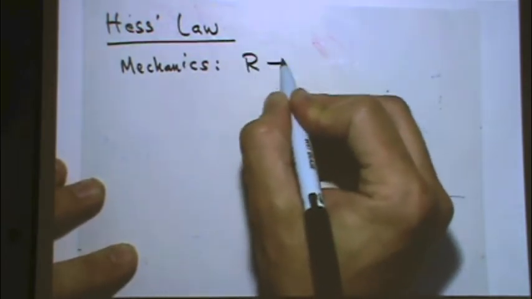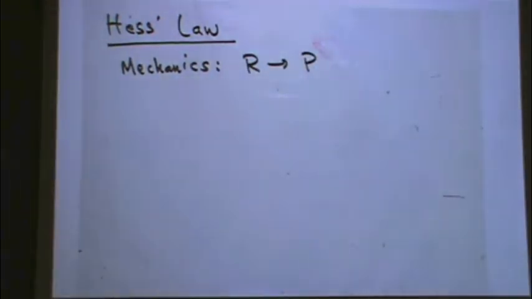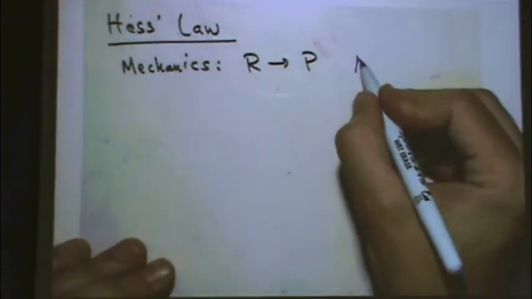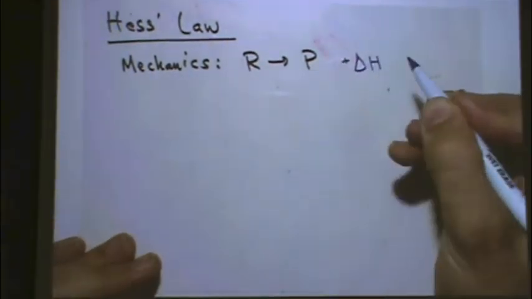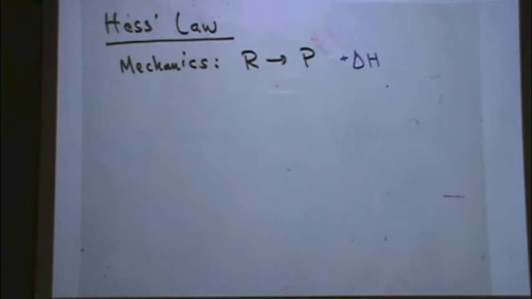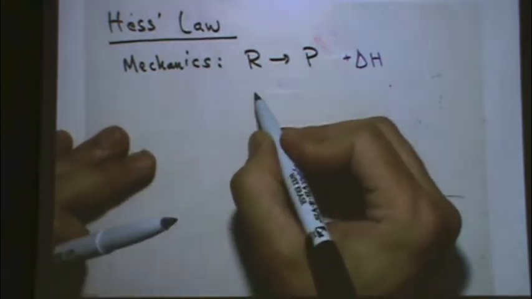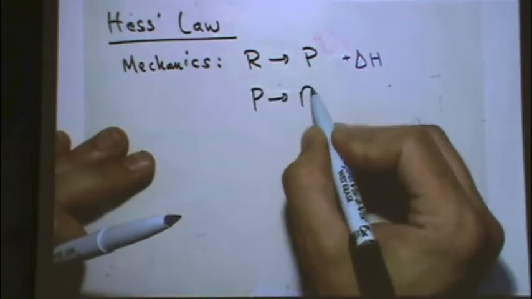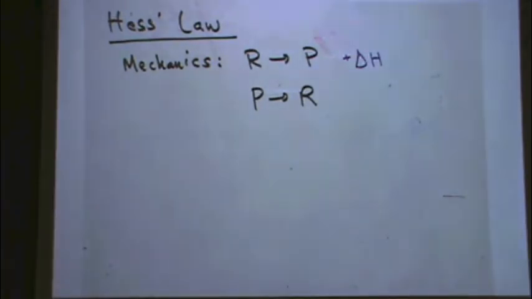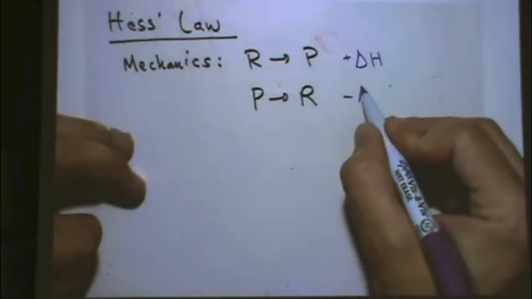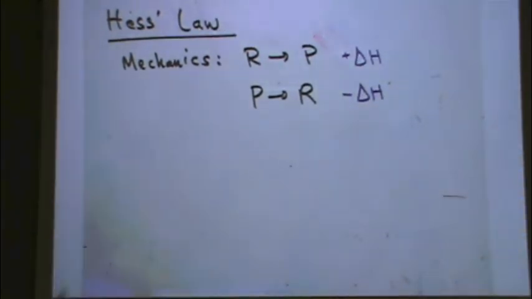Let's say you have reactants go to products, and this has some delta H associated with it, and let's say that delta H is a positive number just for fun. If you flip this reaction, which you've seen in consecutive reactions before, you're going to flip the sign of the delta H to be a negative.